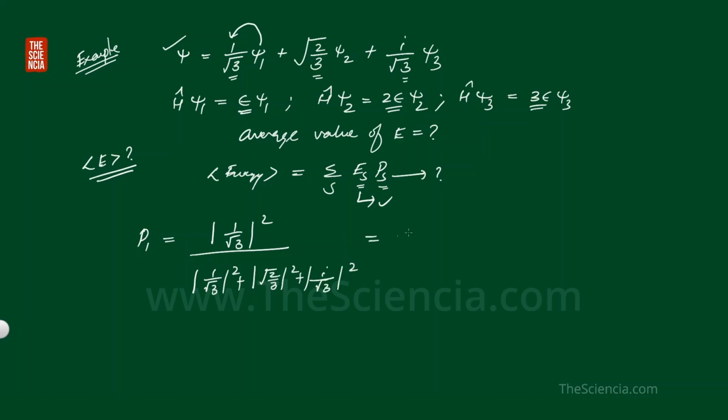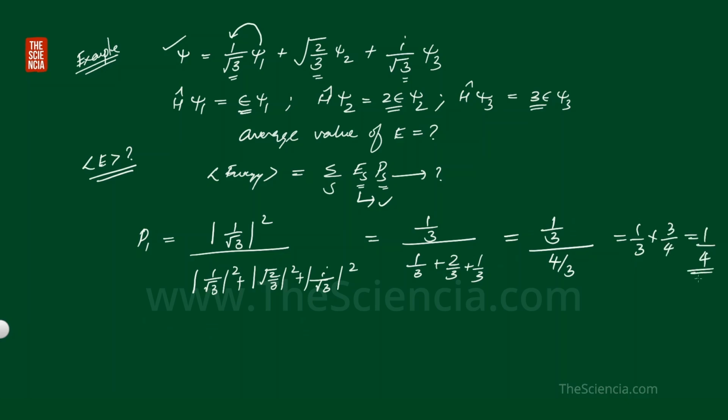So what will we get? We will get 1 by 3 divided by 1 by 3 plus 2 by 9 plus 1 by 3. That is equal to 1 by 3 divided by 4 by 3. So this is equal to 1 by 3 into 3 by 4, that is 1 by 4.